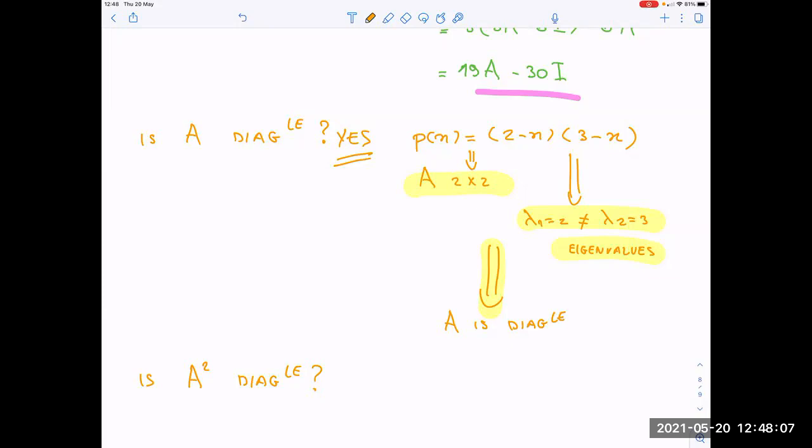Alberto Eusebio says, because it is a sum of diagonalizable matrices. That's not true in general. If you take two matrices which are diagonalizable, the sum is not necessarily going to be.